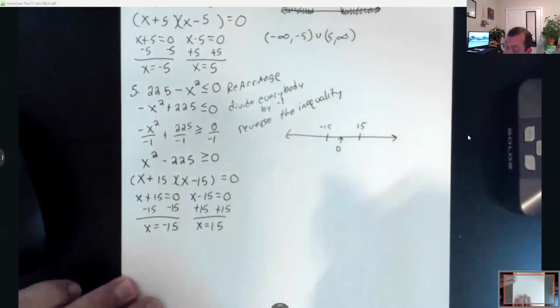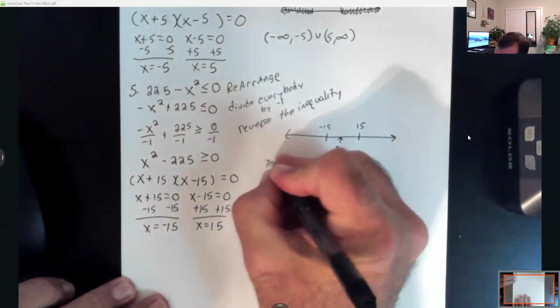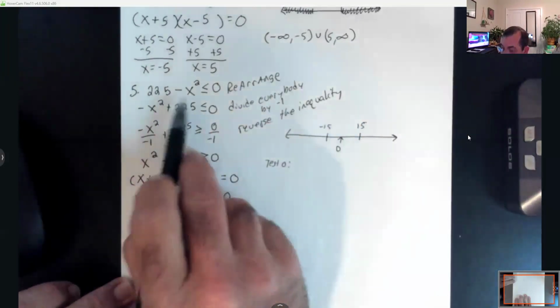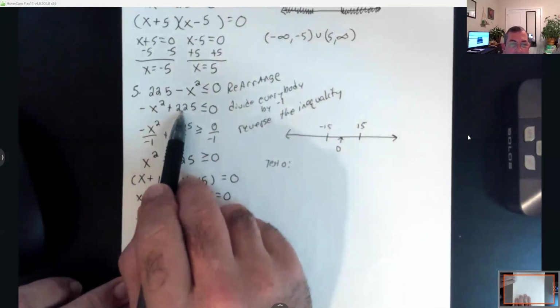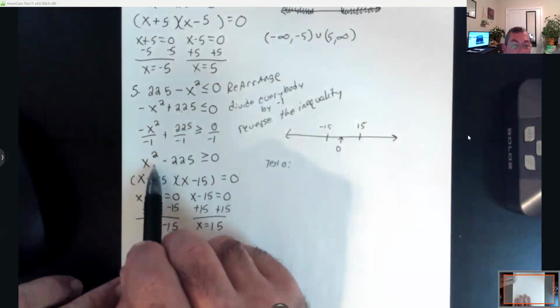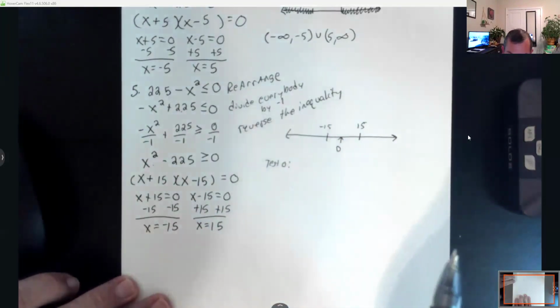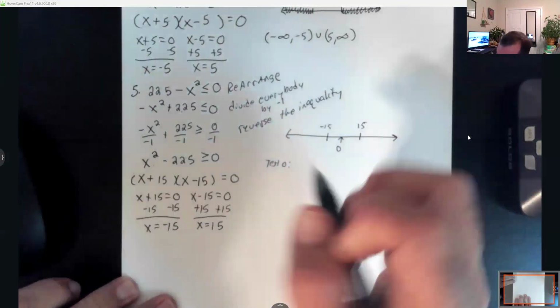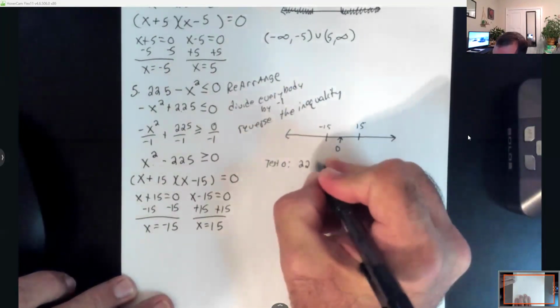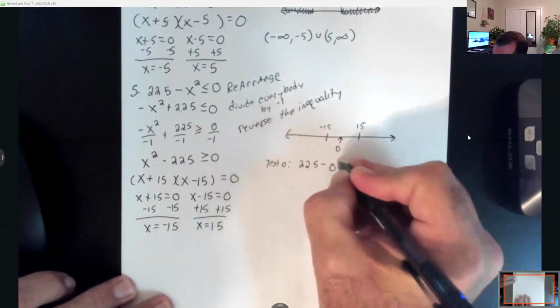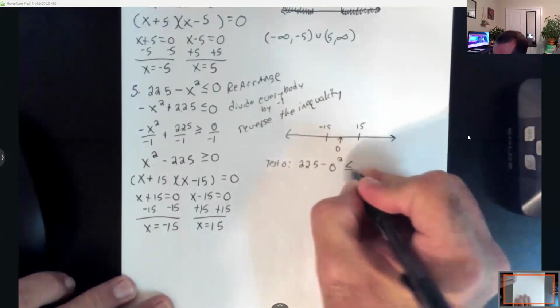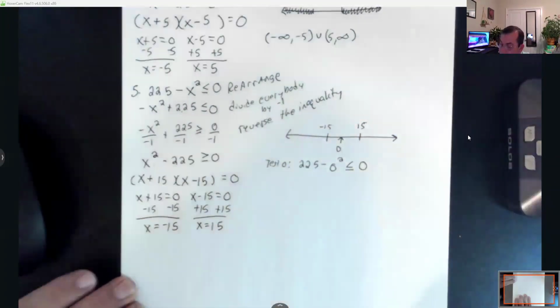So y'all, what's nice is when I test my 0, I can use this equation, I can use that equation, it don't matter. I can even use this equation. I get the same result on any of those. So I'm just going to use the original. I got 225 minus 0 squared has to be less than or equal to 0.